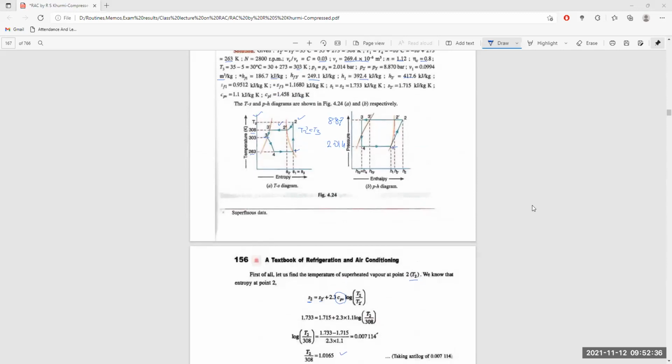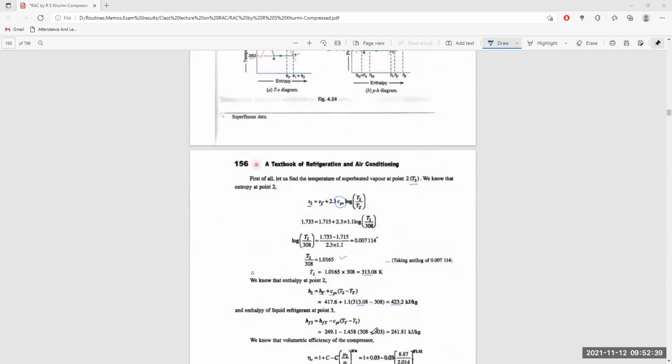So what we are getting is the enthalpy. The enthalpy of the refrigerant at H2 we have calculated, and the enthalpy of liquid at H3.